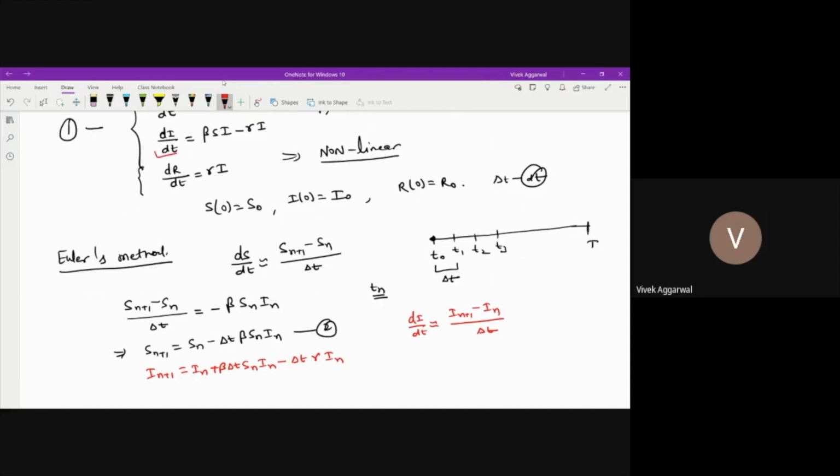I get this by multiplying by delta T and putting S and I at the nth point. So this becomes the second equation.